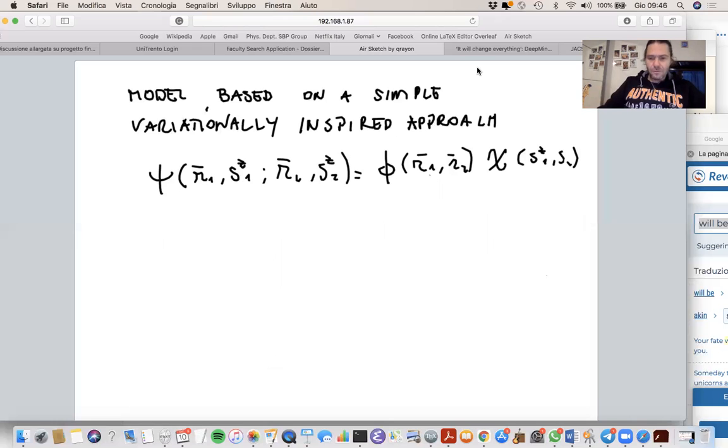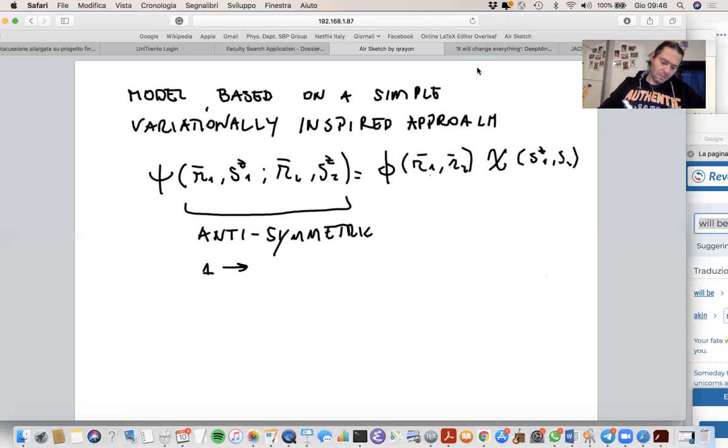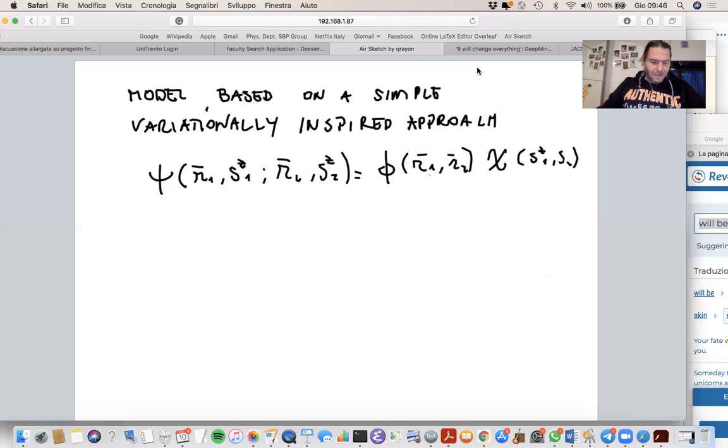Now I have to remember that there is an important constraint on the structure of this wave function: it has to be completely antisymmetric under exchange of electron 1 with electron 2, which simply amounts to exchanging the labels of electron 1 and electron 2. There are many ways in which you can implement this complete antisymmetry, by no means only one.